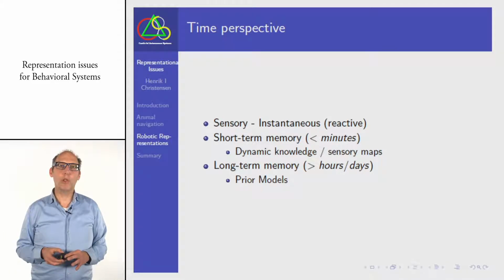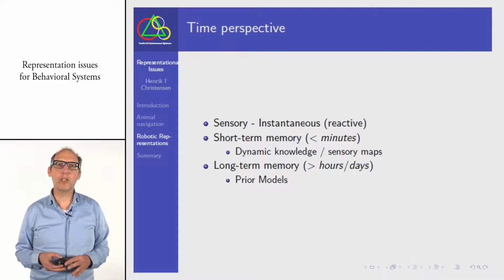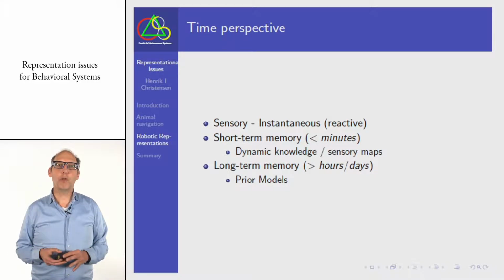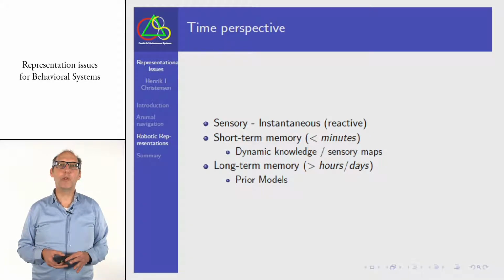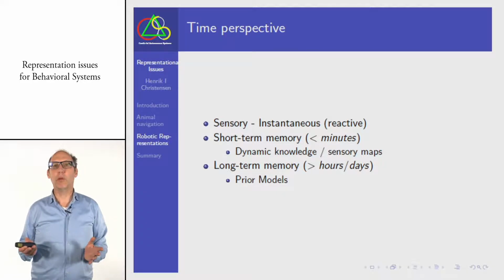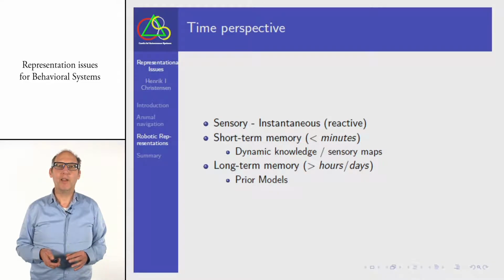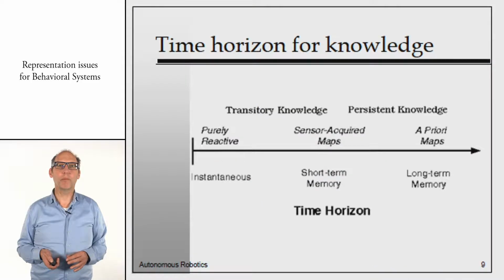That's great if you want to avoid obstacles, for instance. And part of that short-term memory you store for the next experience, so that if you have to travel the same route the next day, you don't have to start completely from scratch, and you can store that sort of information about, for instance, your maze in a prior model.